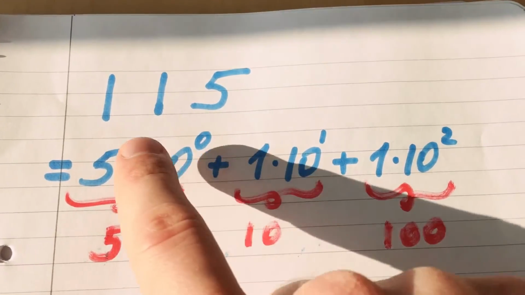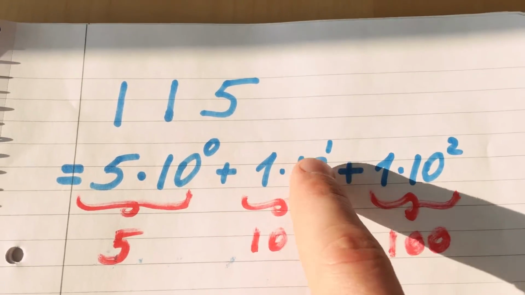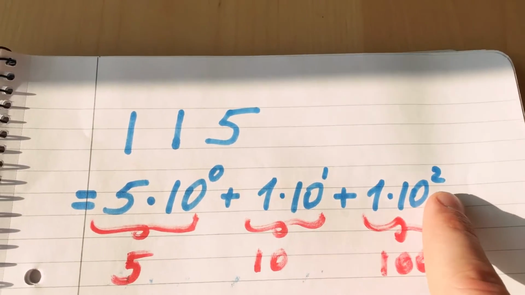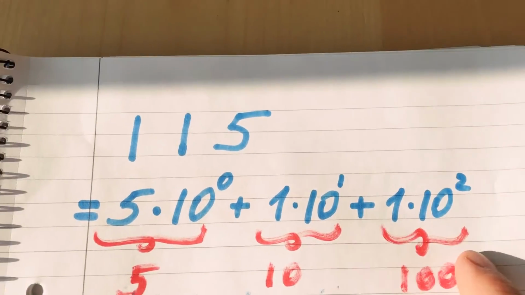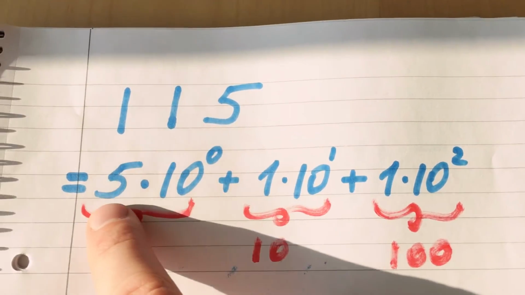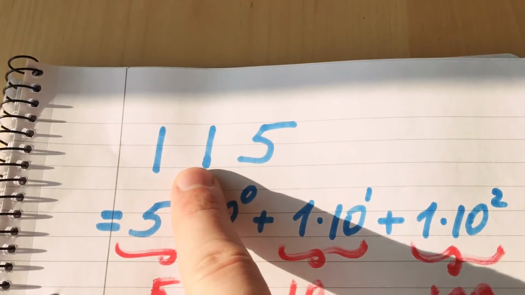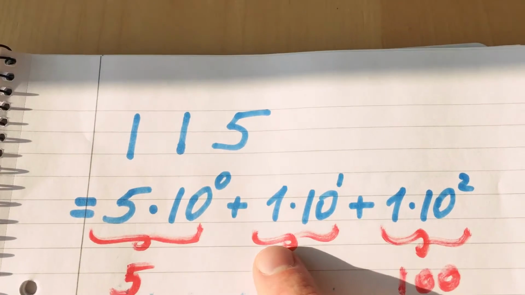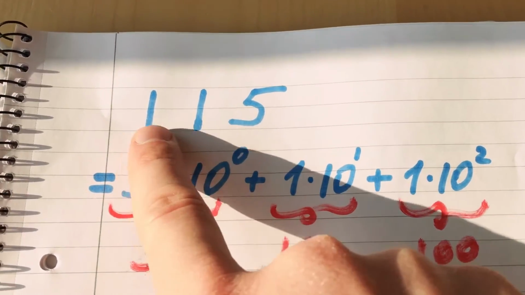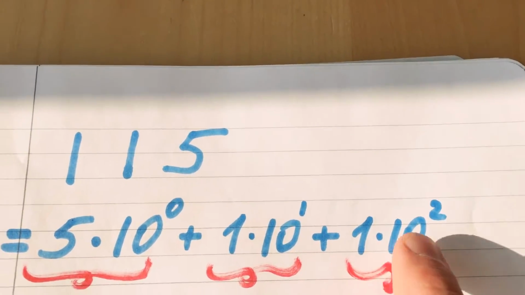And then we take plus 1, which is this one, times 10 raised to the power of 1. And then we take the last number, which is 1, times 10 raised to the power of 2. So you can see a pattern here, guys. We start from the end and take the last number times 10 raised to the 0, and then we go one step, take the next number, which is 1, times 10 raised to 1, and then the same thing for the third number, but now we multiply it with 10 raised to 2.